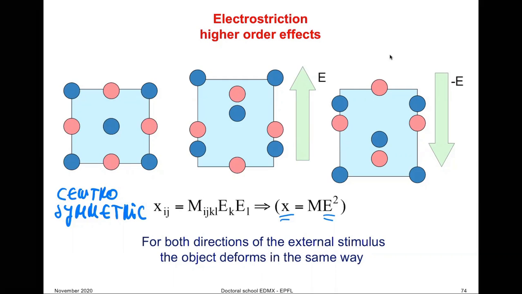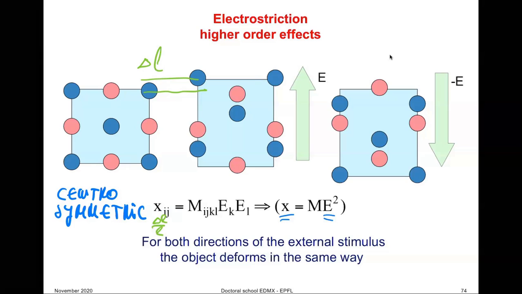However, it can still change its size by applying an electric field. Why? Well, because if these are positive and negative charges, when we apply an electric field, positive charges will move in one direction, negative charges in the other direction, and that means that we will have some net change in dimension and some strain x, which is equal to delta L over L. Here I'm using the symbol x for strain.